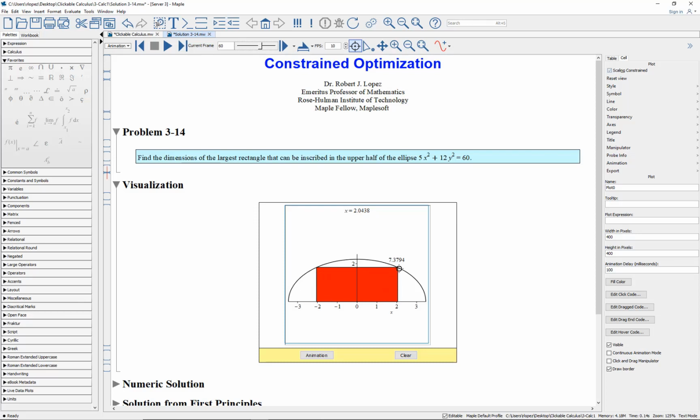The upper corner indicates the area of this rectangle. The x-coordinate of the right edge is written up here.